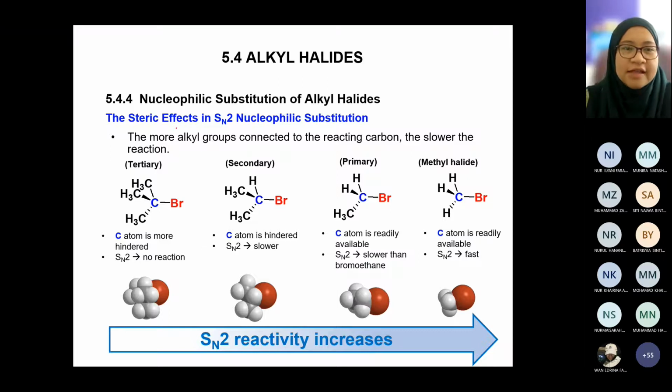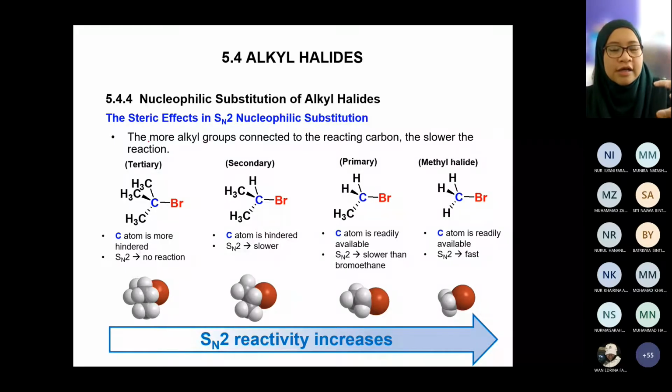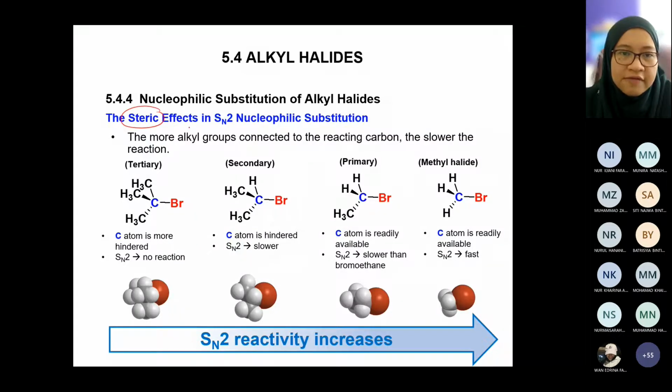The steric effect, this is the one that I mentioned to you just now. Okay, kenapa dia prefers to attack from behind, and then in fact ada reason juga, justification. Okay, the cause of steric itself. Okay, so the steric effect in Sn2 nucleophilic substitution.